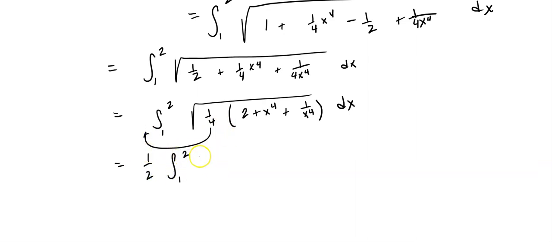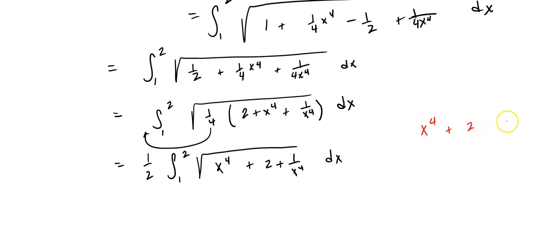1 to 2 of the square root of x to the fourth plus 2 plus 1 over x to the fourth dx. Now here's where we have to perform a little trick, because this x to the fourth plus 2 plus 1 over x to the fourth is secretly a perfect square.